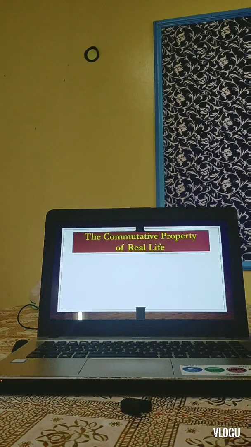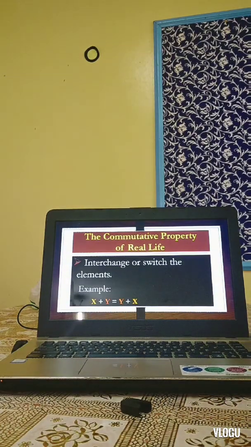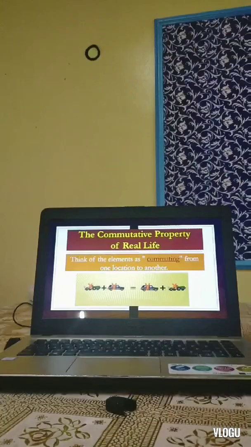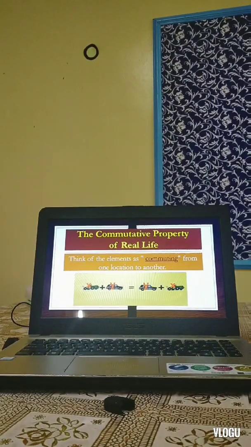Let's look at the commutative property in real life. For example, interchange or switch the elements. x plus y is equal to y plus x. Think of the elements as commuting from one location to another.